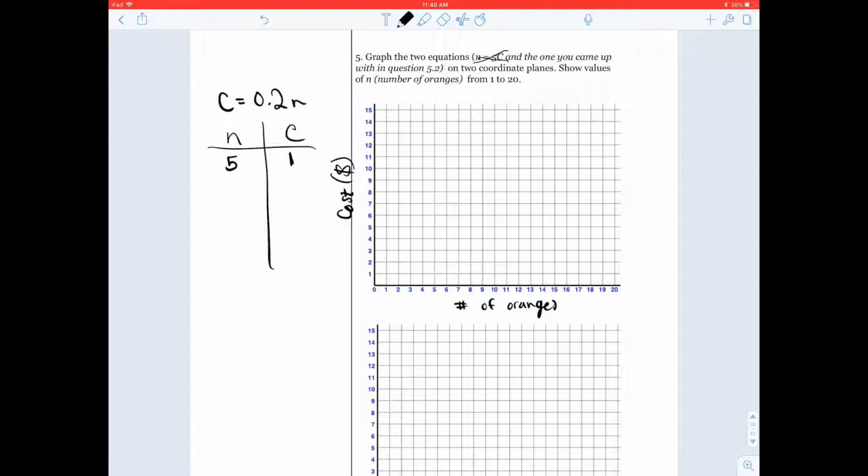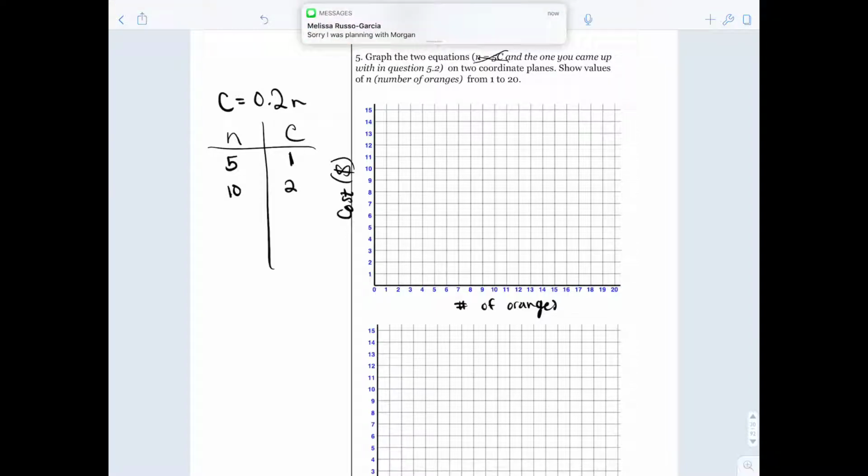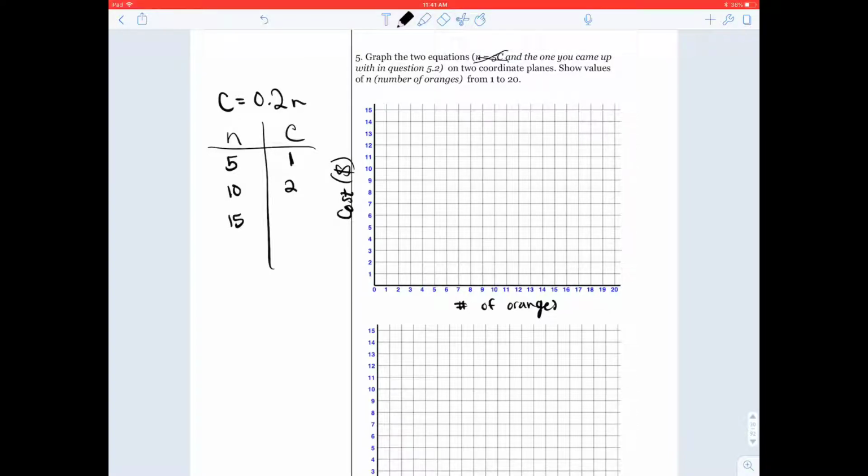Let's stick with some simple numbers here, because decimals are not fun to graph. So let's do multiples of 5. If we have 10 oranges, 10 times 0.2 is going to be 2. Let's do 15 times 0.2, and that's 3.